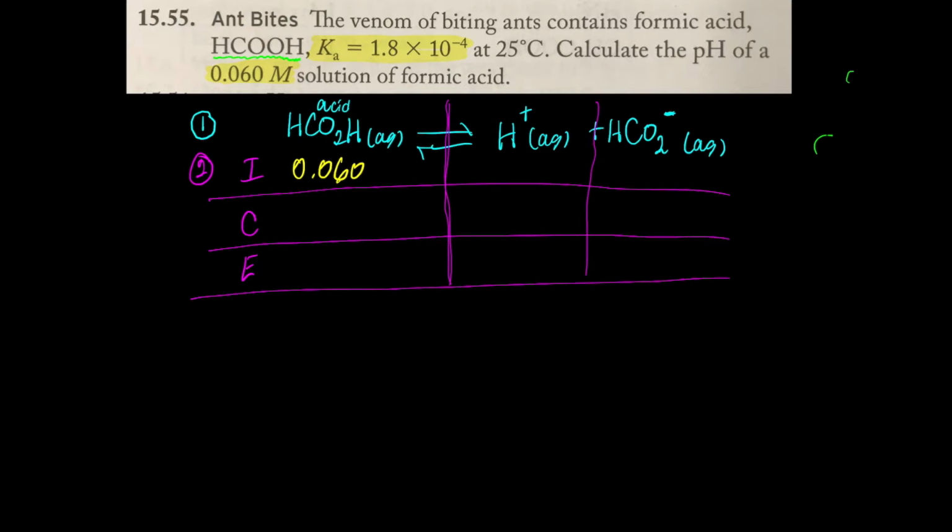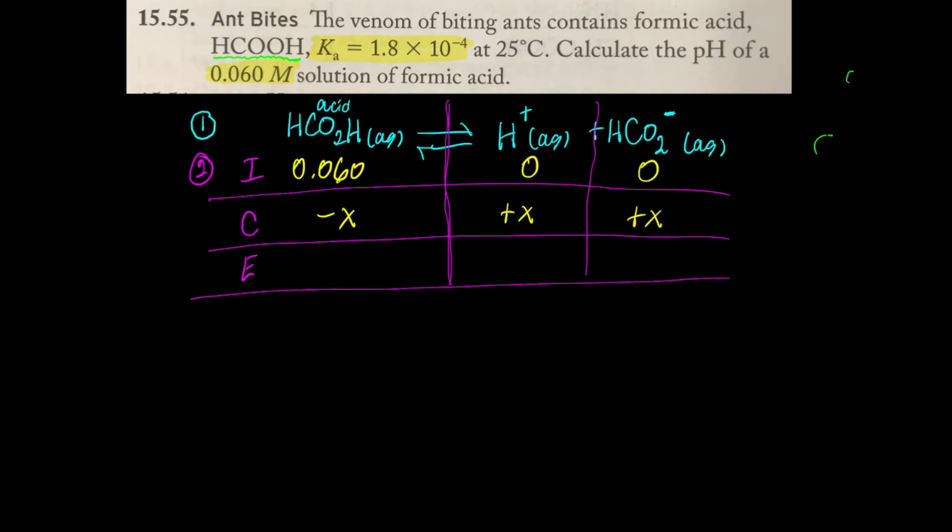But you need to think conceptually about what is happening. Remember that when you initially start with a particular weak acid, you have no H plus and no conjugate base in the solution initially, okay? But then when formic acid hits the water, there's a reaction that occurs. This goes away a little bit, this forms a little bit, and this forms a little bit, okay?